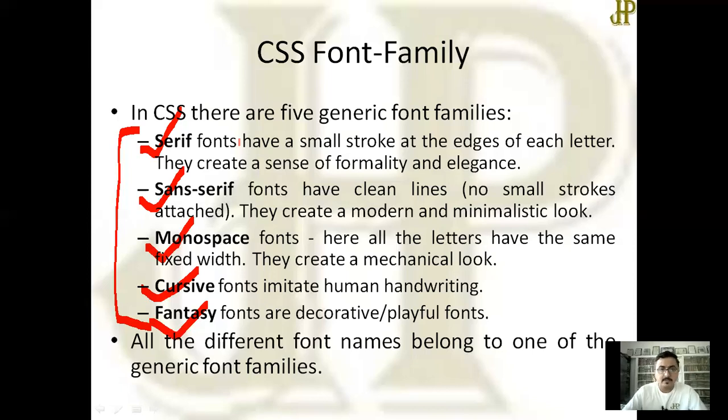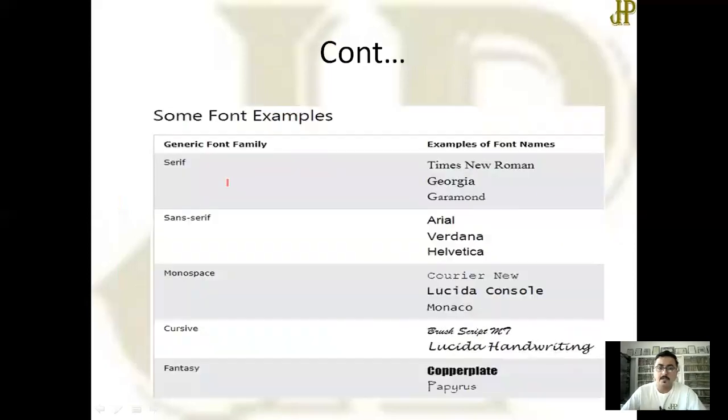I have given some examples. Here you can see that serif, like Times New Roman, has small edges after each letter. Okay. But in sans serif, there is a simple one: Arial, Verdana.